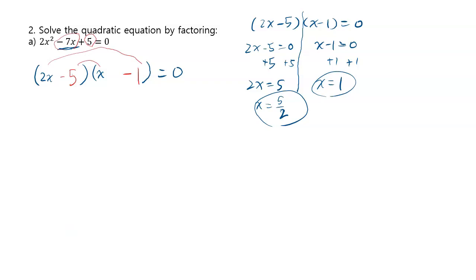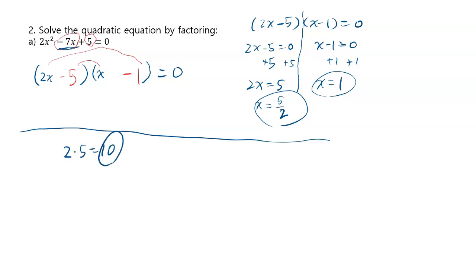Factor by grouping: you multiply the first number and the last number, which is 2 times 5, which is 10. And you look for two numbers, A and B, that multiply to this product that you just made, and that add to the middle number, negative 7.